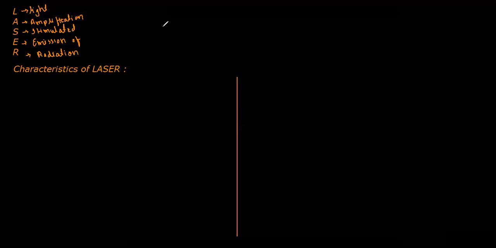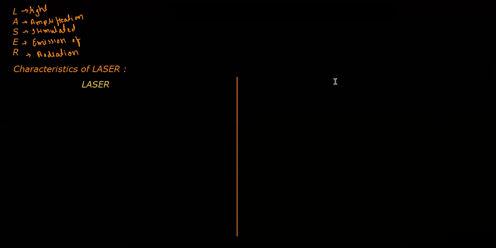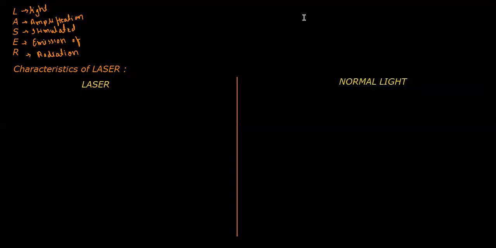So first of all, on the left side we have the laser, and on the right side we have the normal light. Okay, as you have seen the laser, maybe in your childhood, it looks like this.